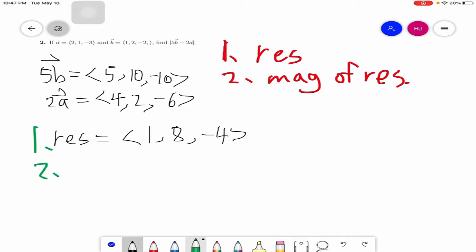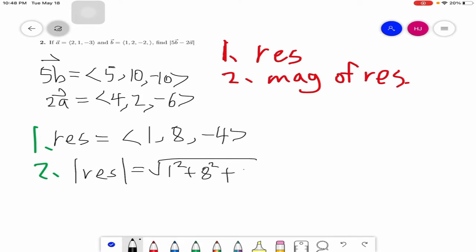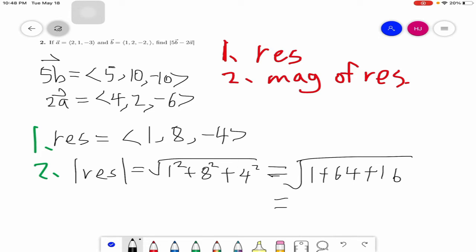And then part 2, taking the magnitude of the resulting vector, we can have 1 squared plus 8 squared plus -4 squared. So this is 1 plus 64 plus 16. 64 plus 16 is 80, so this is the square root of 81, which equals 9.